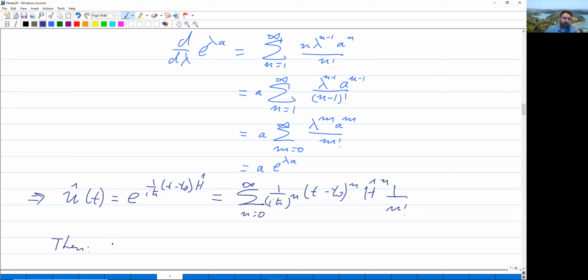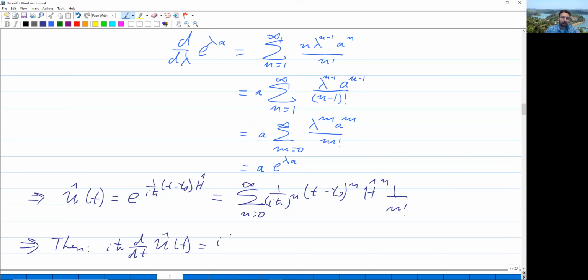Then we obtain that i h bar d by dt of U hat of t is equal to, well, we could go through these steps again, but we have convinced ourselves that it doesn't matter that H hat is an operator here. So we might as well just look at what this is and differentiate that with respect to t. And we obtain that we get a prefactor of 1 over i h bar.